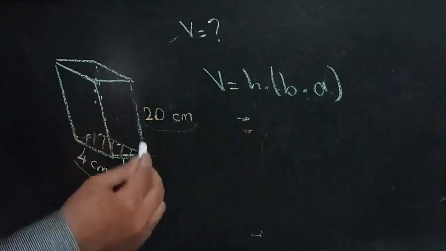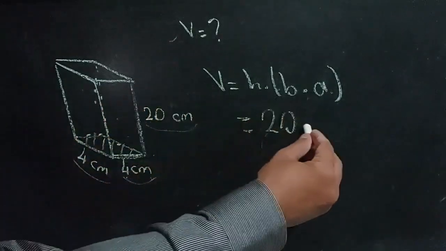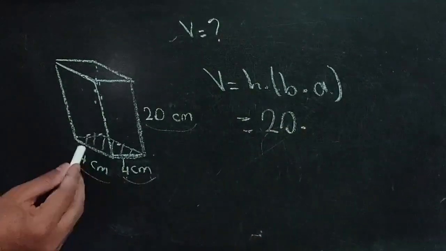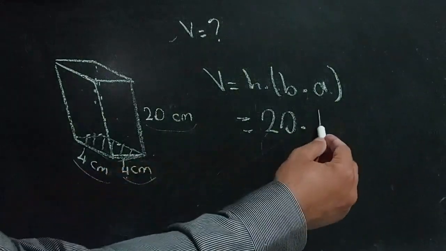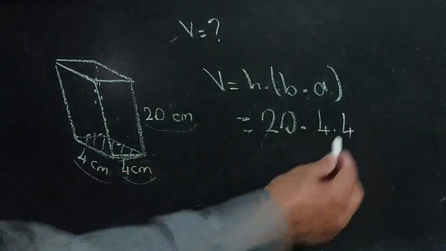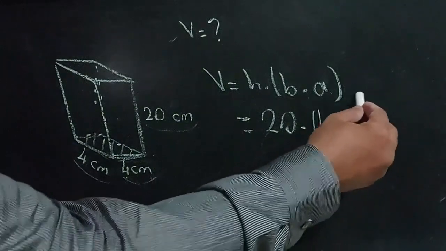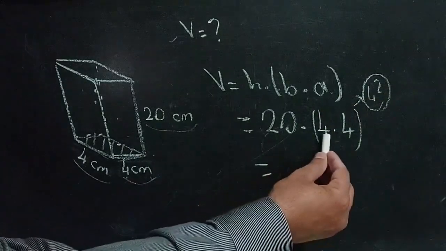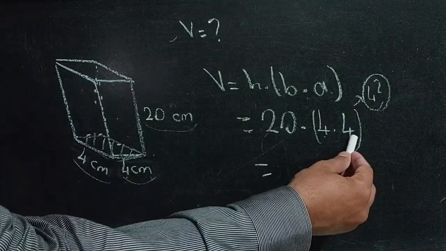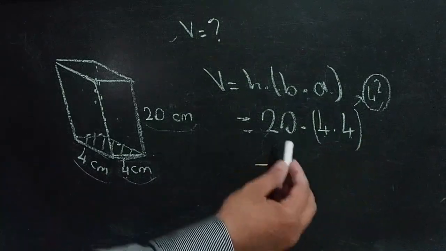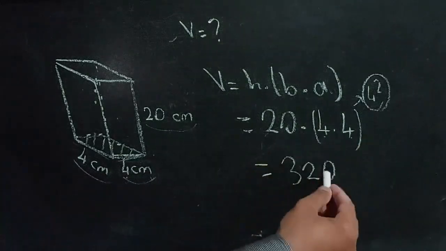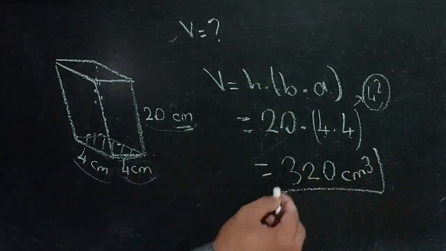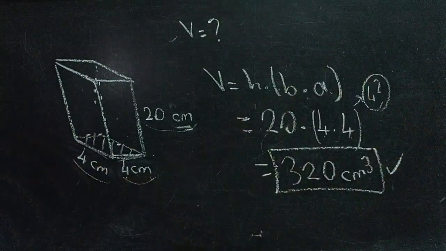Height is 20 centimeter. 20 times base area, which is 4 times 4, which is 4 square, which gives 16. 16 times 20 is going to be 320. My unit is centimeter cube. That's going to be your final answer.